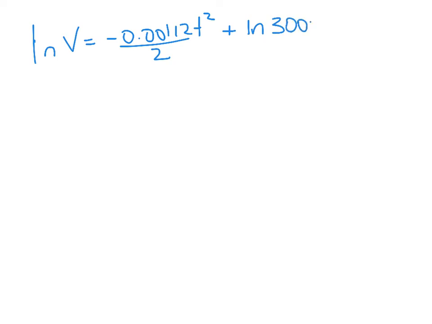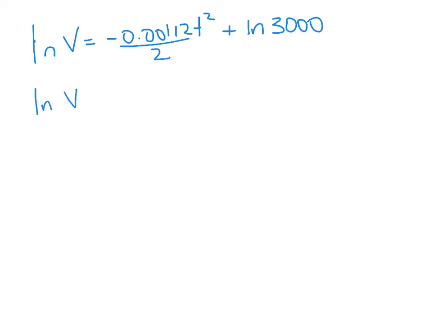Right, so we've got to this. The natural log of V is equal to negative 0.00112 t squared over 2 plus the log of 3000. Right, so we want to know what happens after 96 hours.